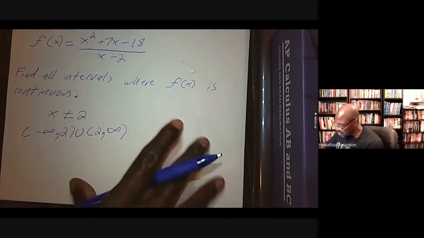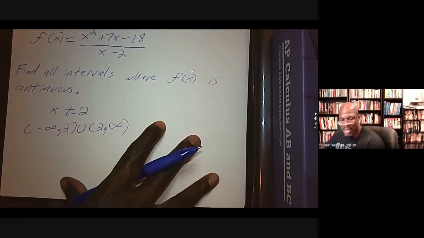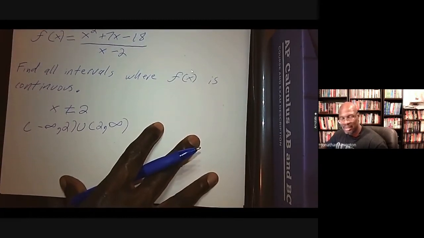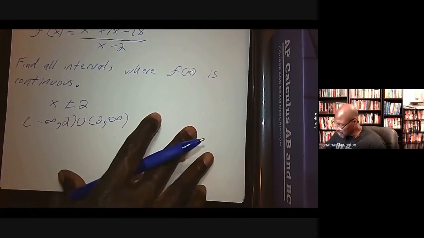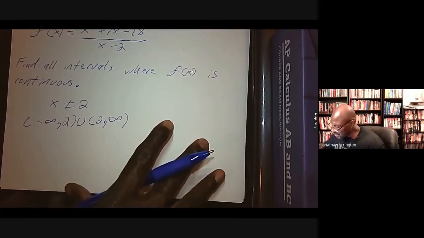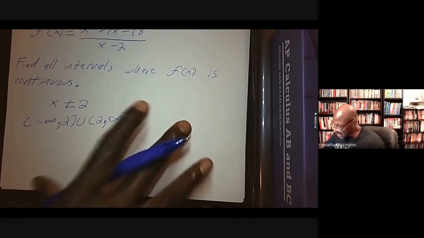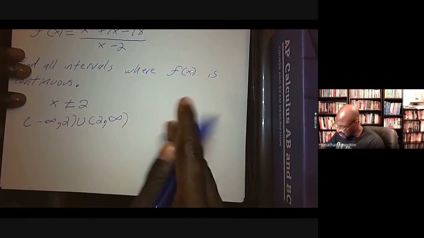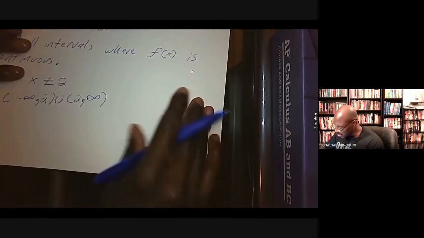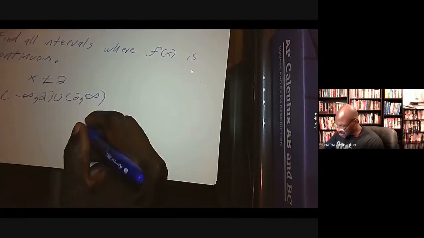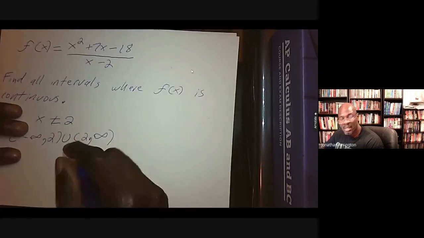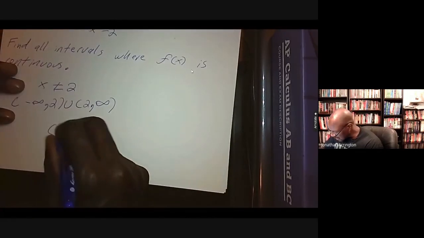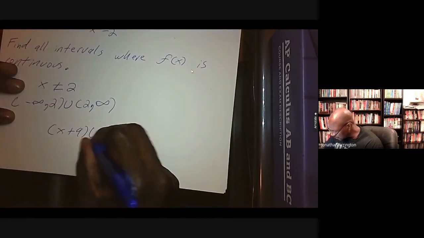Now, I want to show you graphically how this looks where a function is continuous on its domain. So a function has a discontinuity, but that discontinuity is not in its domain. So if you look at this function from an analytical standpoint, if I was to factor this numerator here, that would be x plus 9 times x minus 2.